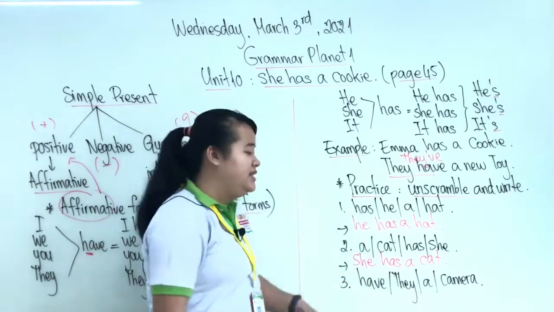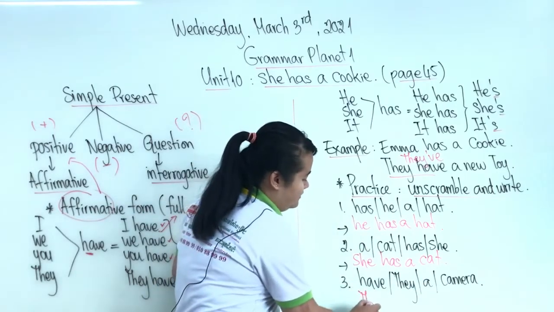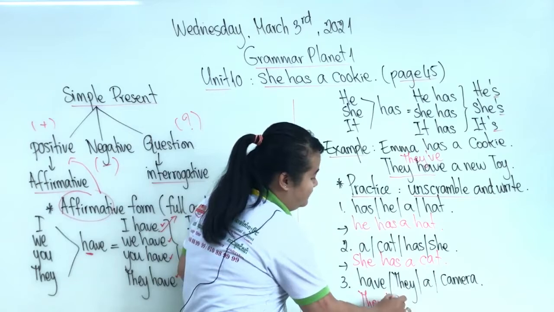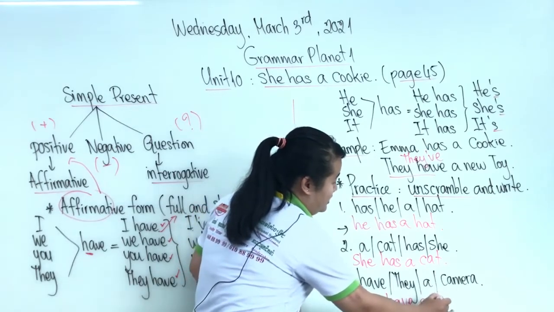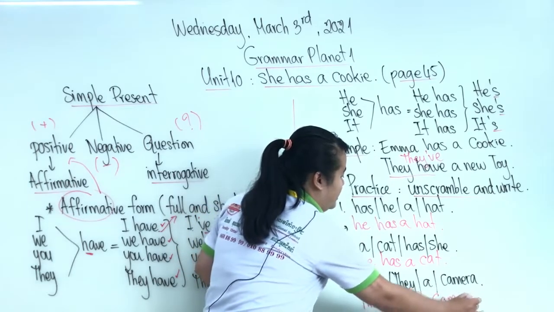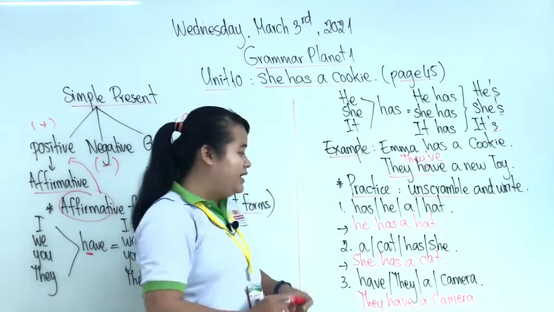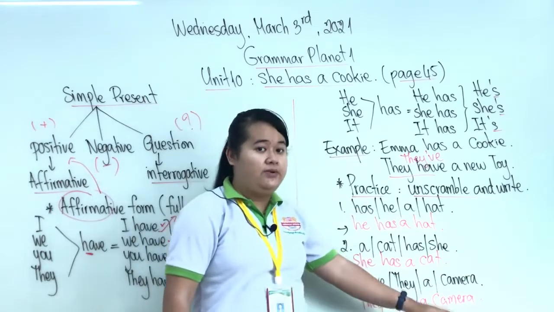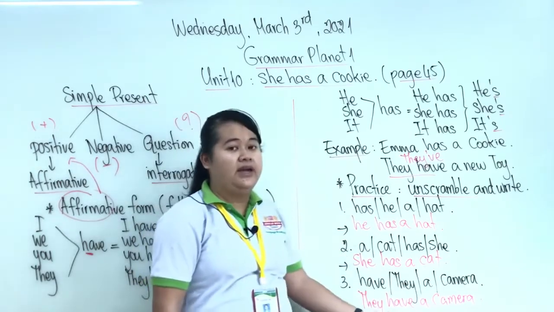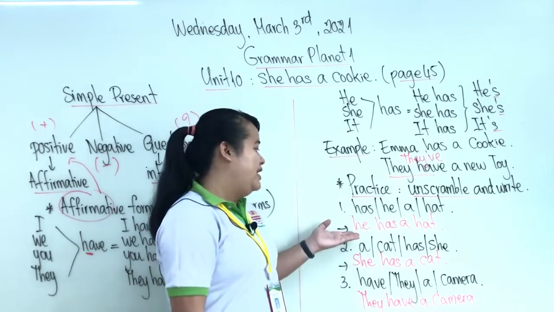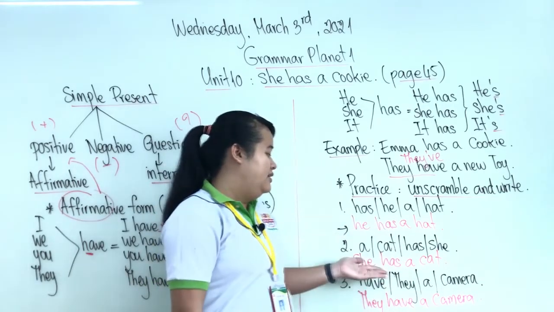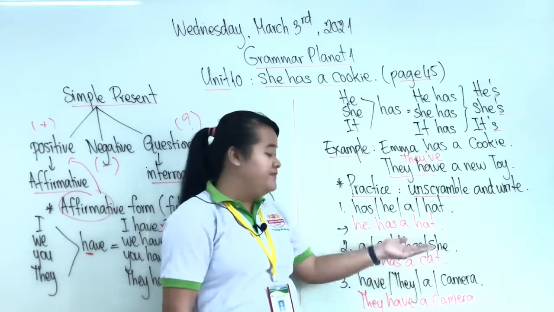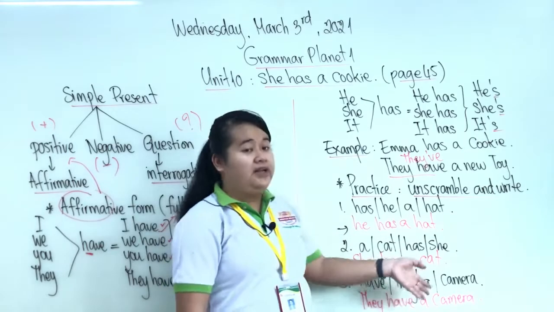So this one is they have a camera, right? Okay, so here are our sentences arranged into the correct order. Number one, he has a hat. Number two, she has a cat. Number three, they have a camera.